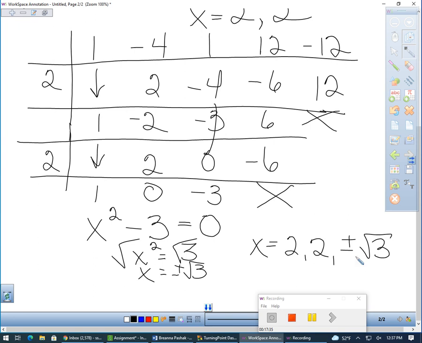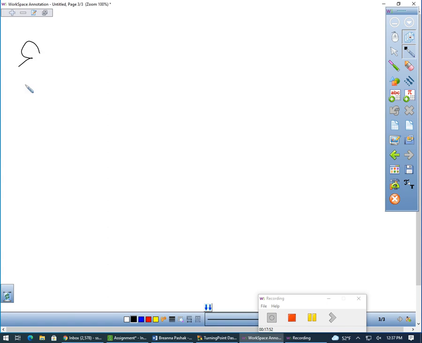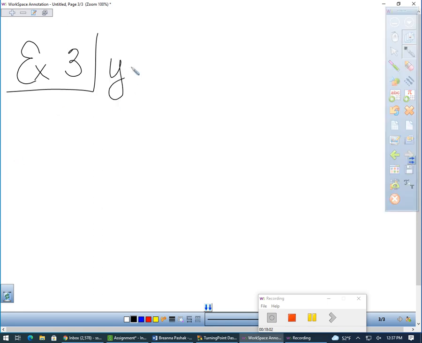Let's do another one. Example number 3. Let's do y equals x to the 4th plus 3x squared plus x squared minus 12x minus 20.